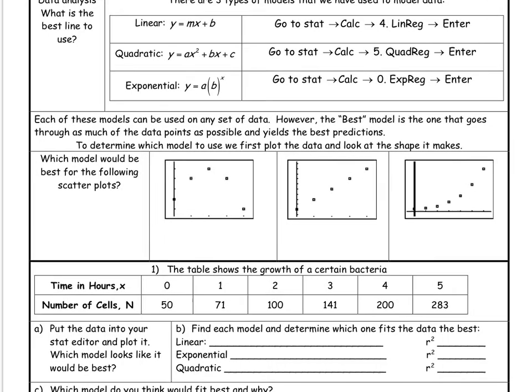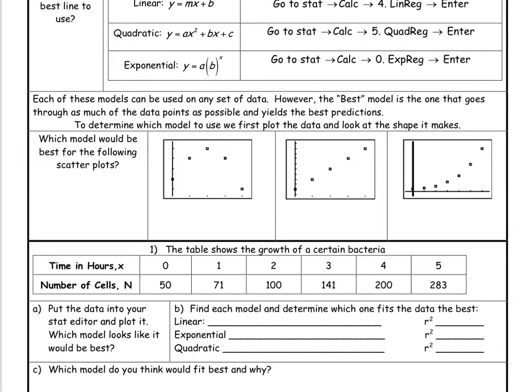So each of these models can be used on any set of data. However, the best model is the one that goes through as much of the data points as possible and yields the best predictions. Now, we have used R for a correlation coefficient for linear and exponential. Quadratic doesn't have an R value, it uses an R squared value.